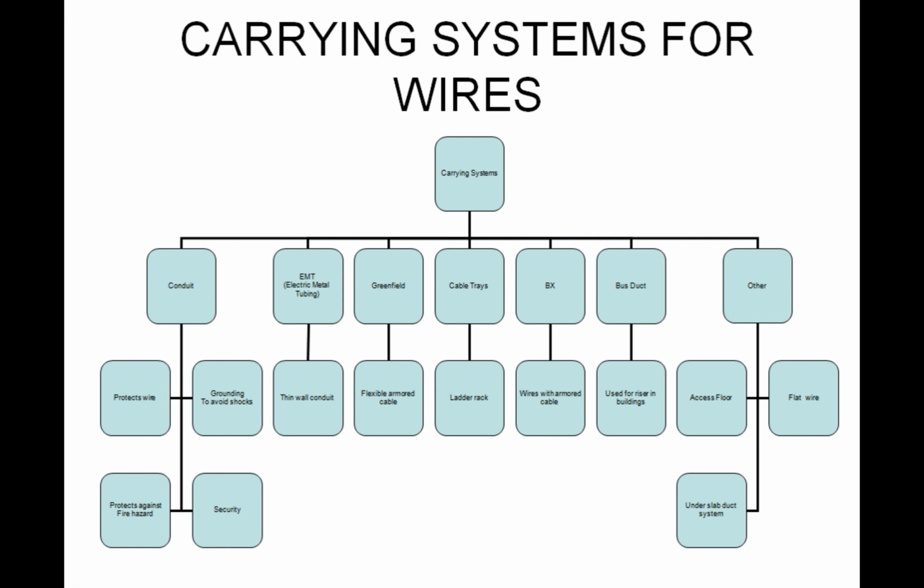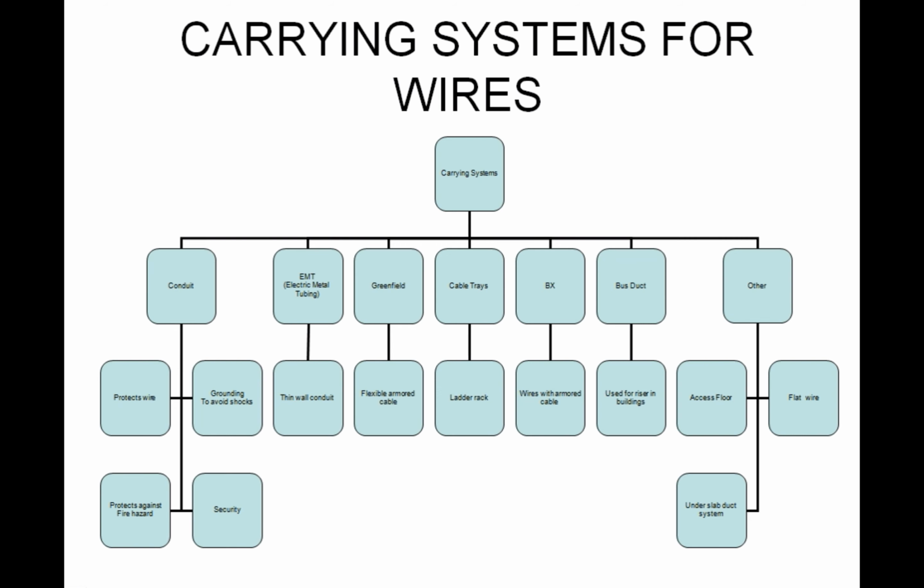And then the bus duct is almost like the cable tray, but it allows you to carry your wiring in the vertical direction. So up from wherever you make your connection, whether it's in the basement or the first floor. A lot of buildings have a number of different bus ducts out from those areas so that you can bring electrical services up through your building. And we'll see a picture with an example of that.